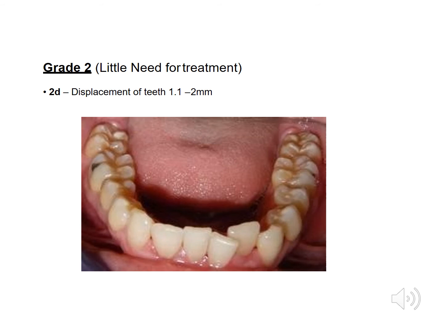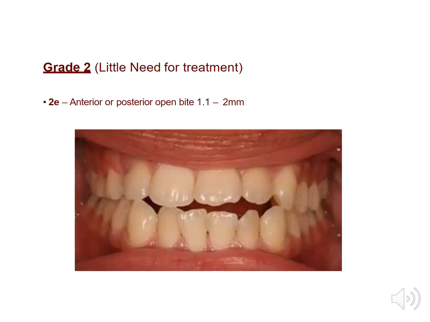If the displacement of the contact point is more than 2 mm, the grading will be higher. This is 2E, the anterior or posterior open bite, up to 2 mm. In this photo, the anterior open bite is around 2 mm, so the grading will be 2E.